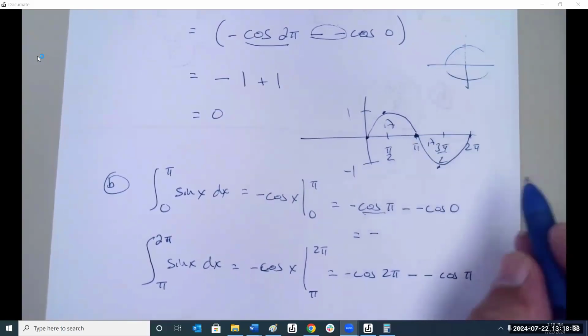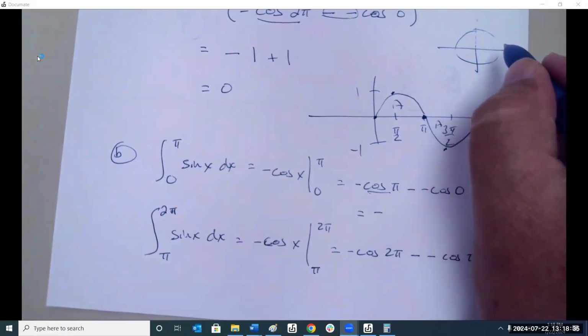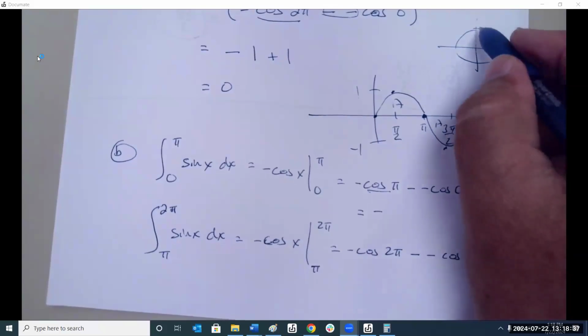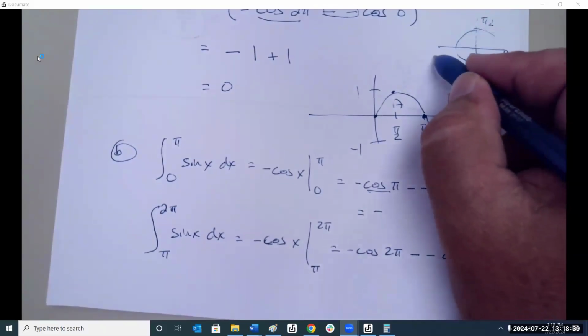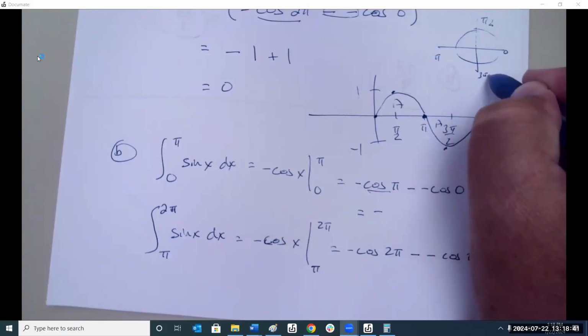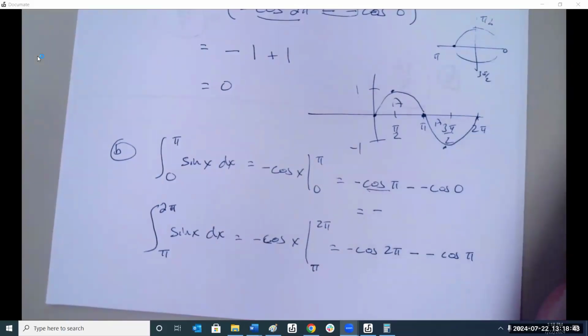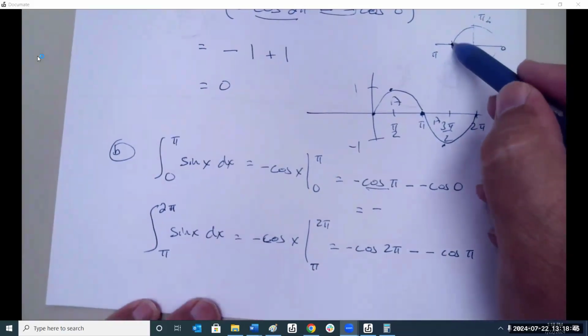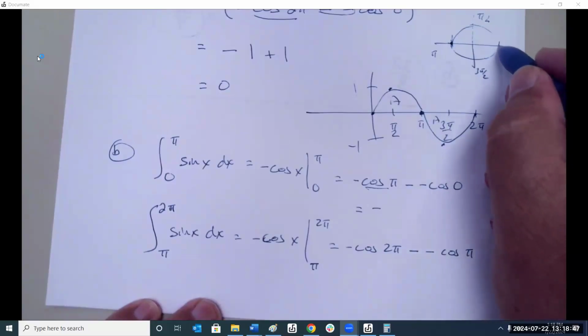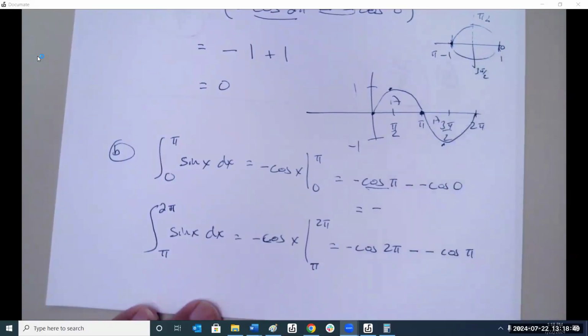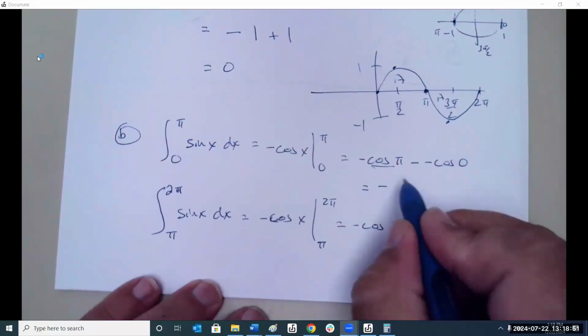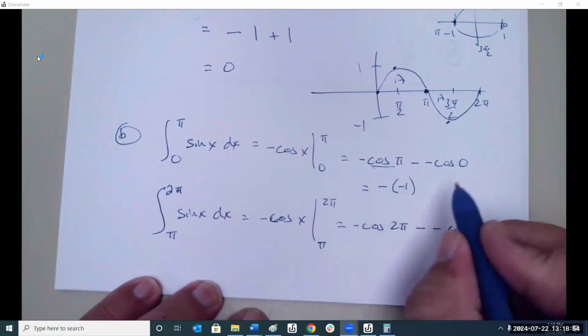Oh, one. Nope. This is 0. This is pi over 2. This is pi, 3 pi over 2. What number's there? Negative 1. So equals negative 1.